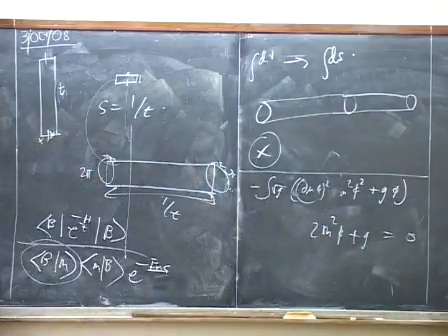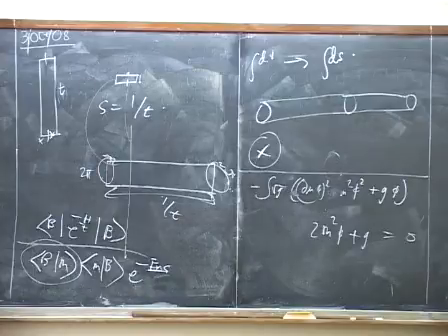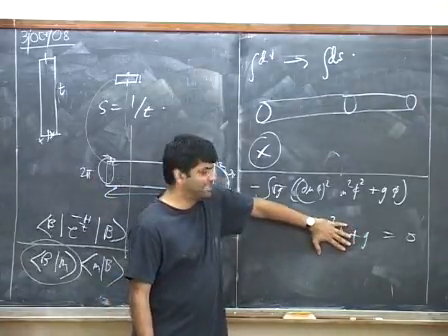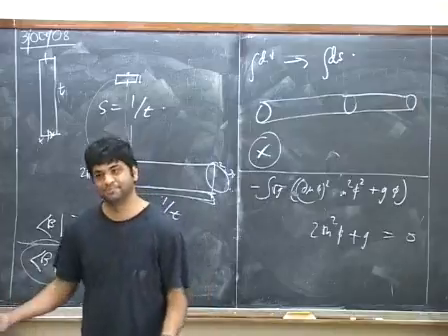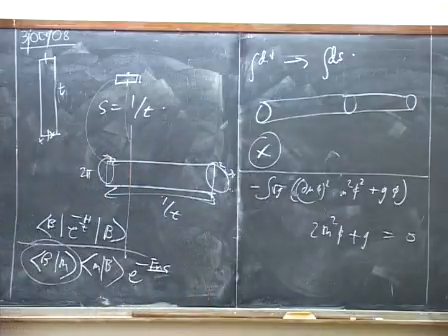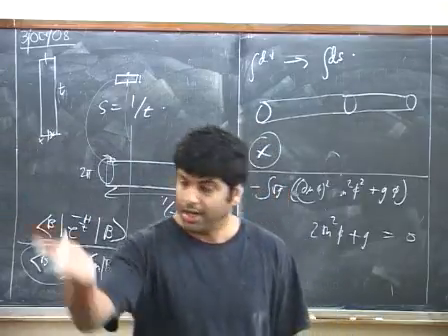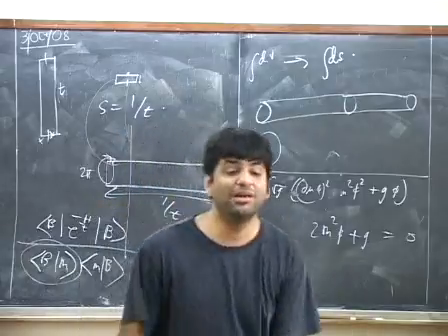Now, on the other hand, suppose we set m equals 0. Suddenly we see that the equation has no solutions, because the equation is just g equal to 0, which is not true. So that tells us that there are no translationally invariant solutions of this theory with a tadpole if the field is massless.